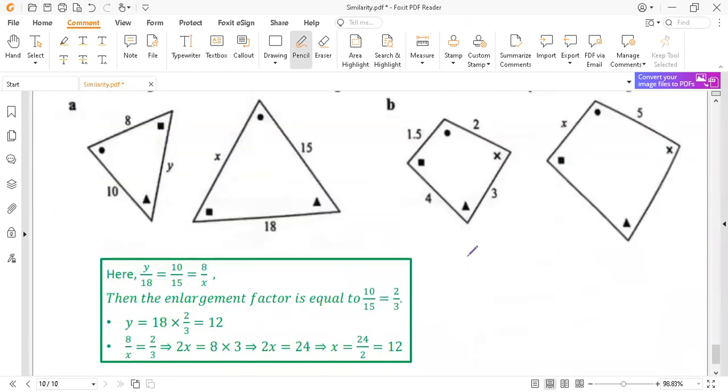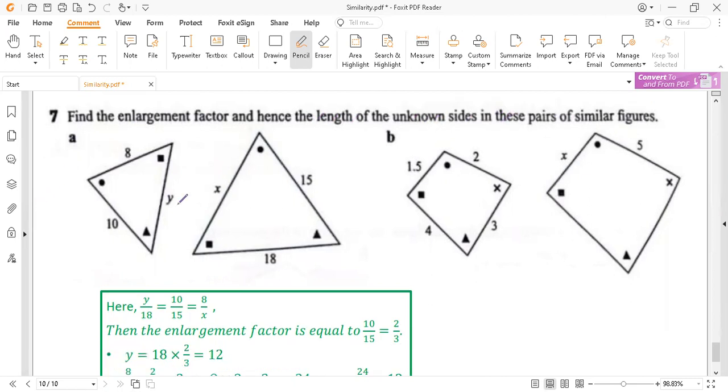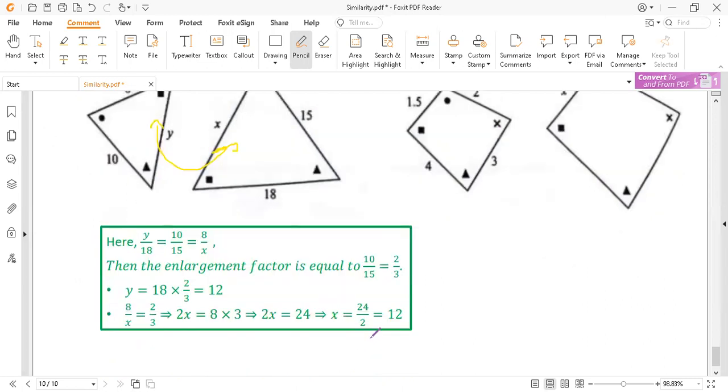So easy. And also to find the enlargement factor and the length of the unknown side in these pairs of similar figures, we use the same way.